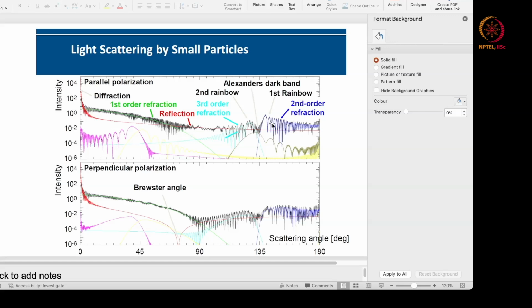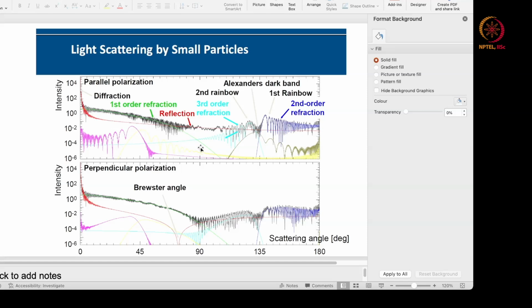That is also important. That's why you get these very funny looking characteristics. This is Alexander's dark band, named after Alexander the Great. Perpendicular polarization has a particular kind of scattering pattern, and parallel polarization also has a pattern. All the orders of refraction are written over here.